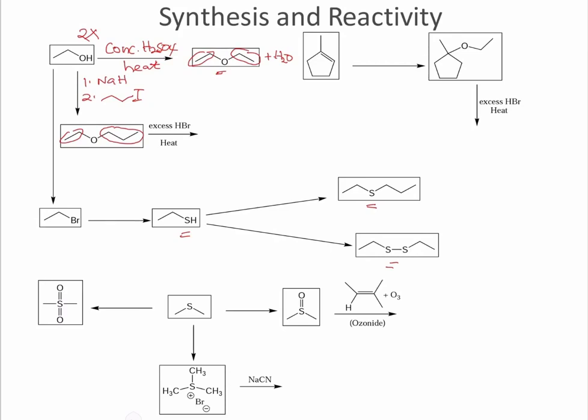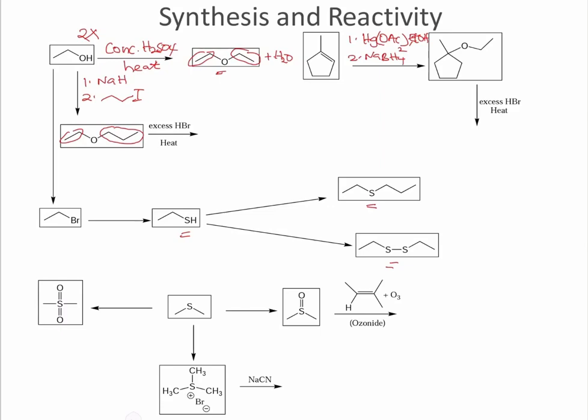Another method of synthesizing ethers is a modification of oxymercuration demercuration, where we could use, say, mercury acetate followed by ethanol, EtOH, instead of water, and then we use sodium borohydride to do demercuration.